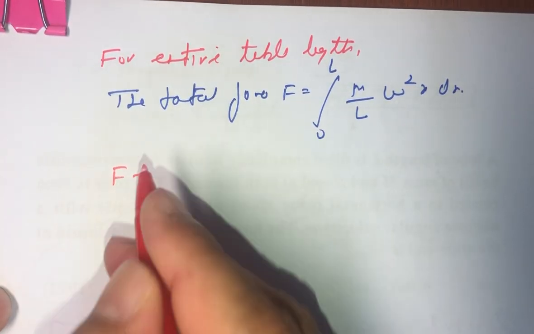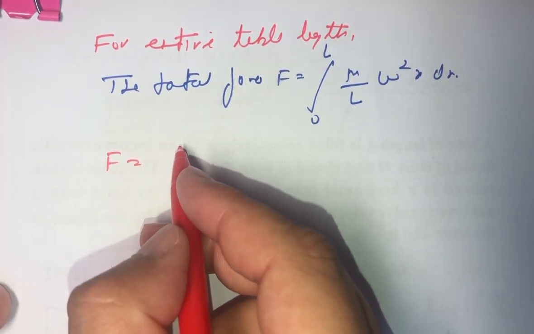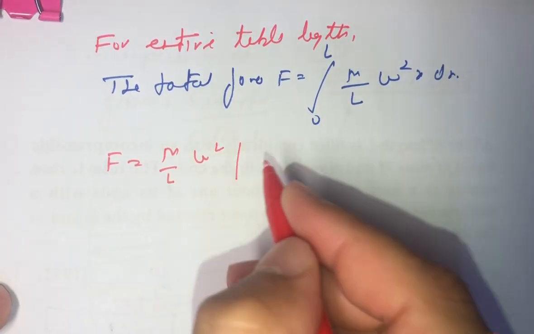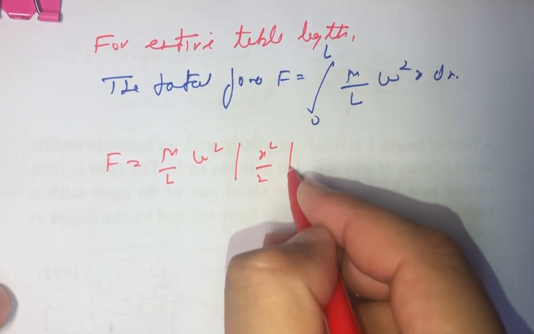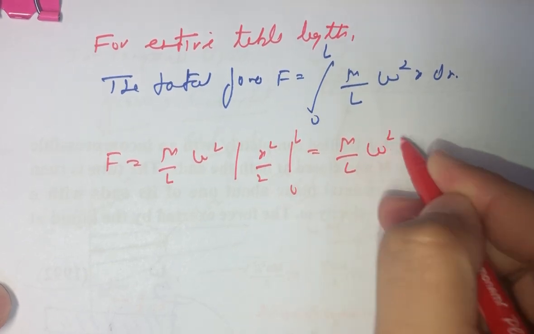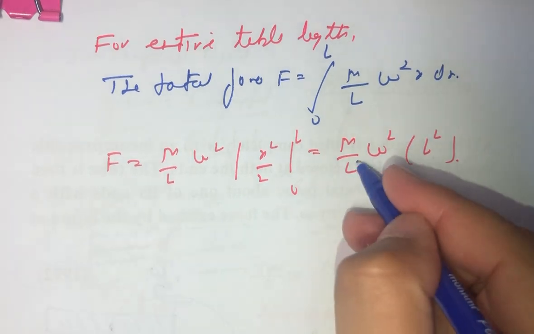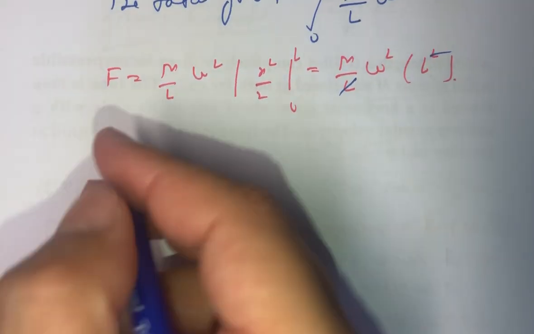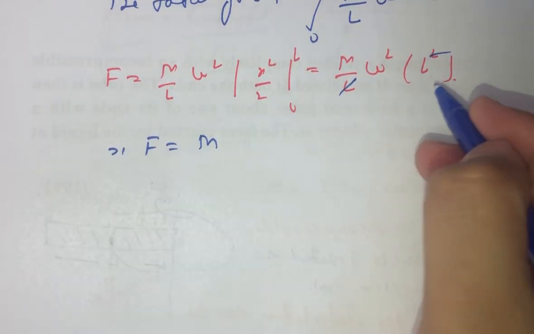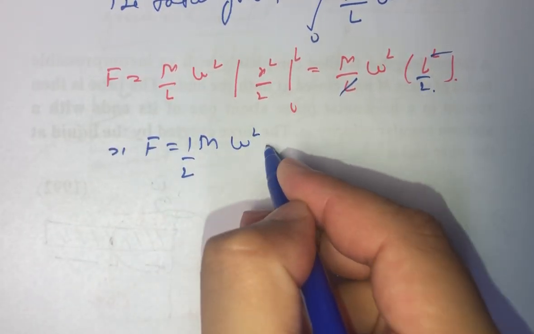So F is equal to m by L omega square, and this we get as x square divided by 2 from 0 to L, which will be equal to m divided by L omega square L square by 2. L square and L, one L cancels out, so we get force will be equal to 1 by 2 m omega square L.